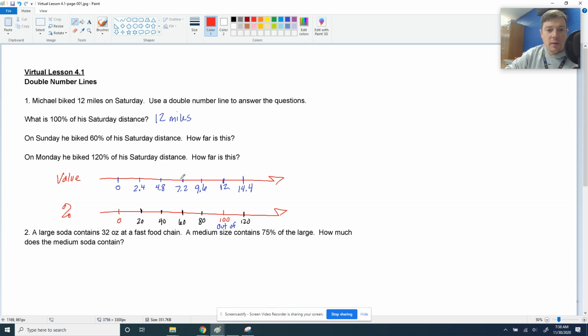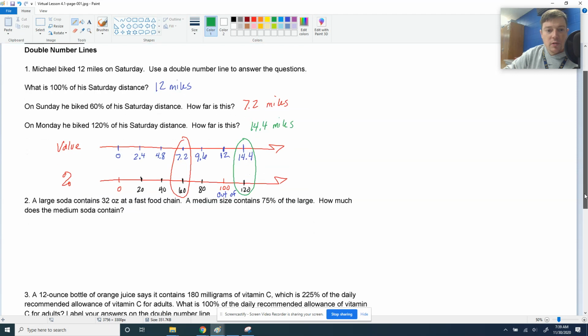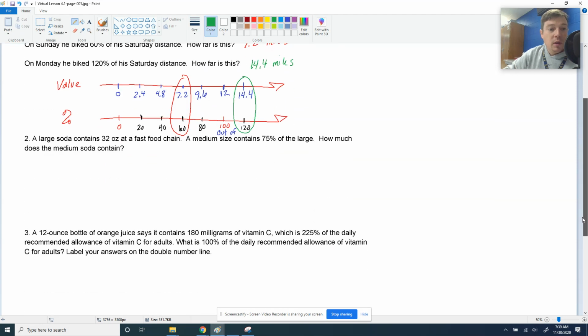Well, that answer can be found here at 60. He biked 7.2 miles. And then what if he went 120% of his distance? Well, that can be found over here at 120%. It's 20% more than what he did, which is 2.4 added to that. So that's 14.4 miles. Double number line is a great visual way to do some percentage problems. Not my favorite way to do it, but it is helpful, especially for those just learning how to understand percentages.